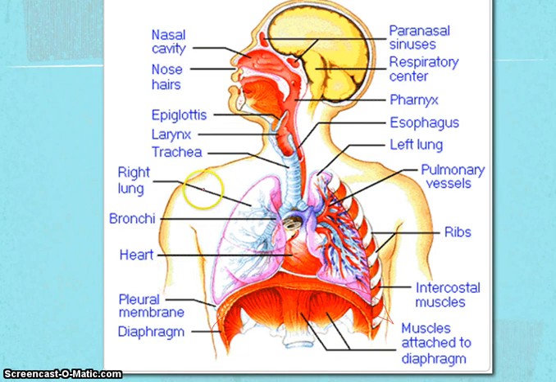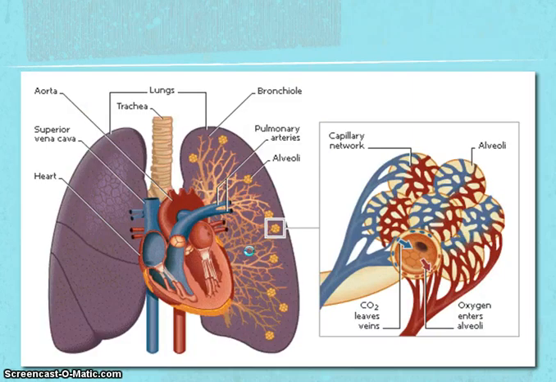So again, the air has to travel in. It goes into the mouth, nose, goes down to the pharynx, the larynx, there's the voice box, trachea, bronchial tubes into the lungs. Lungs are very vascular. You can see that they do have a lot of different blood vessels, capillaries, arteries, and so forth.